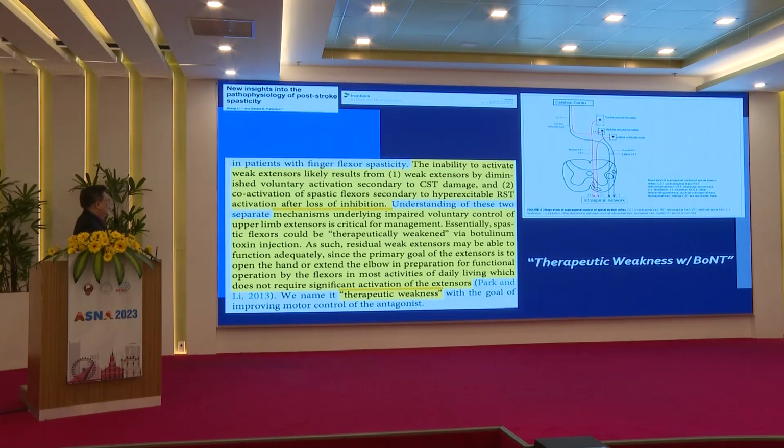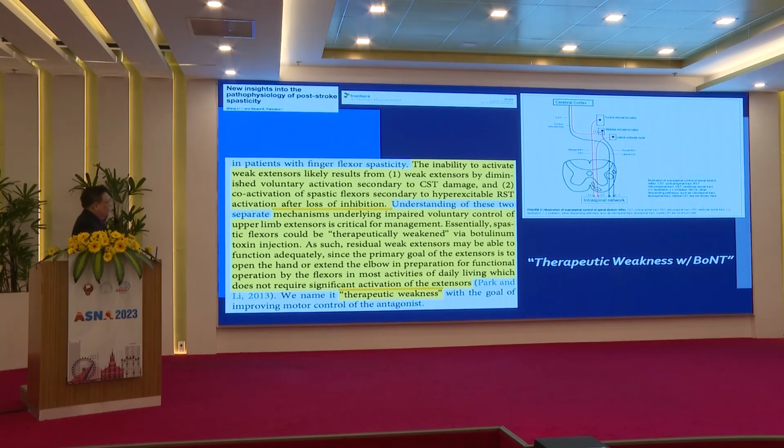So what happens? Understanding these two separate mechanisms underlie the impaired voluntary control of upper limb extensors in the critical management of spasticity. Especially spastic flexors could be therapeutically weakened by botulinum toxin.